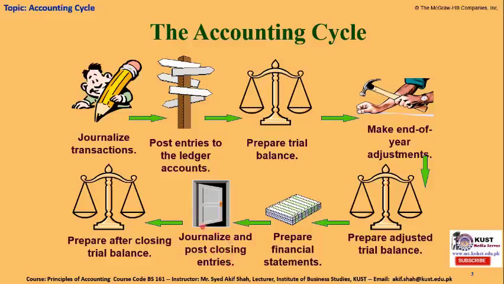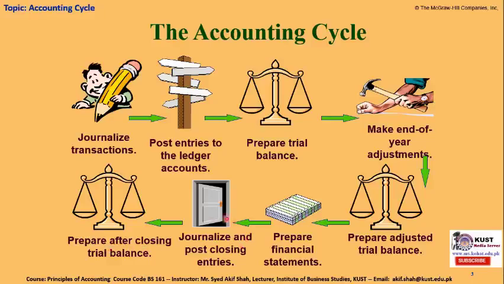After closing these nominal accounts, we are left with the remaining balances in the adjusted trial balance, which are named the real accounts, which are normally not closed by the accountant at the end of the accounting period.